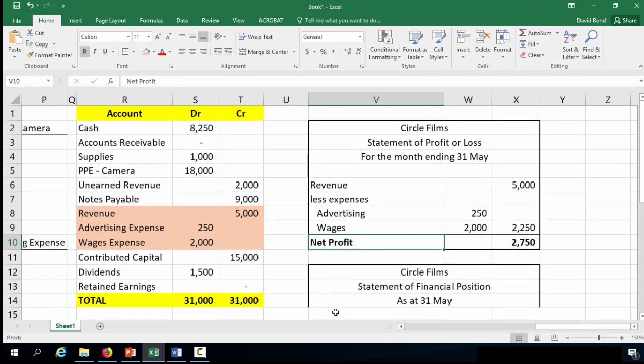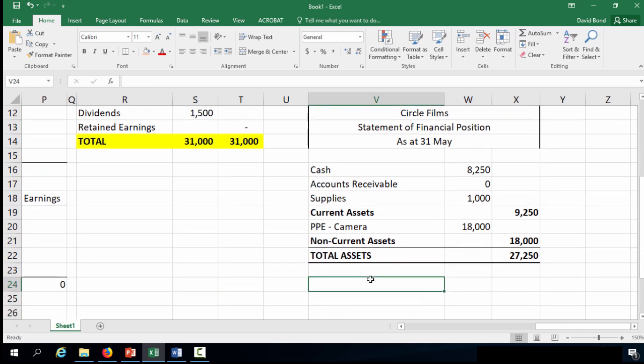If we look at liabilities, there's unearned revenue and notes payable. Unearned revenue should be current. Notes payable is, well, actually, they're both current in this case, given the timeframes that we're dealing with. So unearned revenue and notes payable.